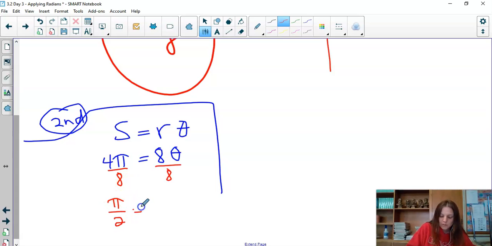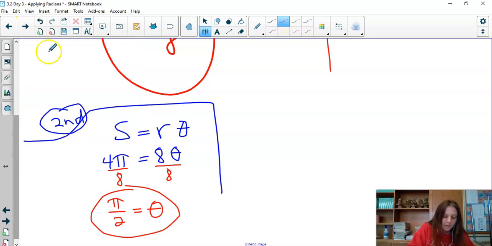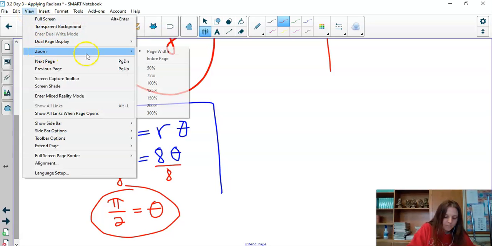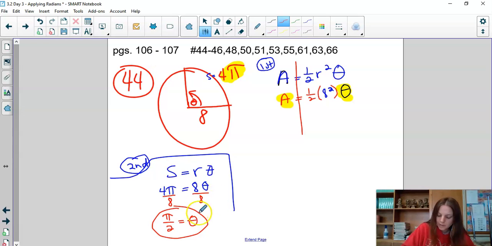So it reduces to pi over 2. I'm going to take this angle and plug it back in place of that theta. So that's going to go right up here, and I'm going to plug it in.